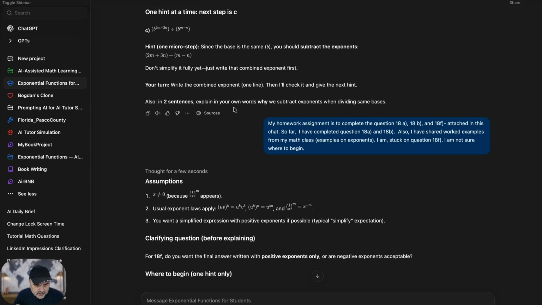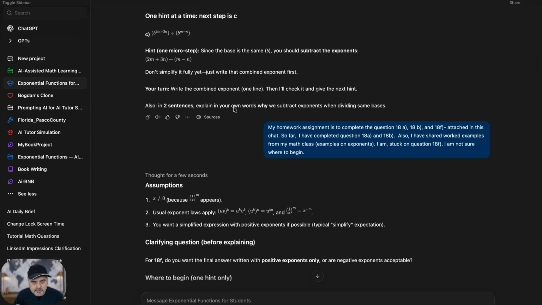Because question 18 has parts A, B, C, D, etc., it moved on into part C without me clarifying that, because I didn't specifically say in the beginning that we would be going over parts A, B, and then F. So it jumped into part C, which is fine.